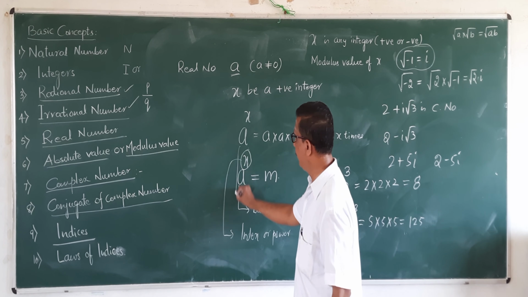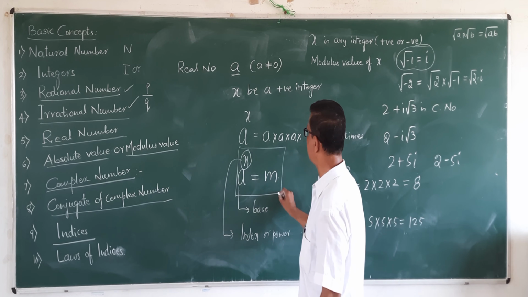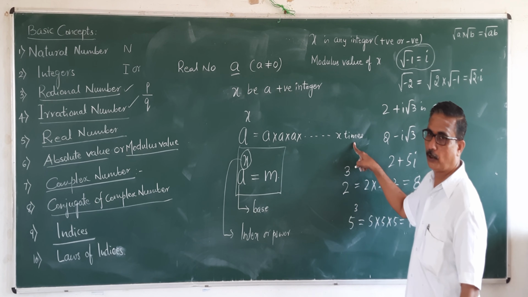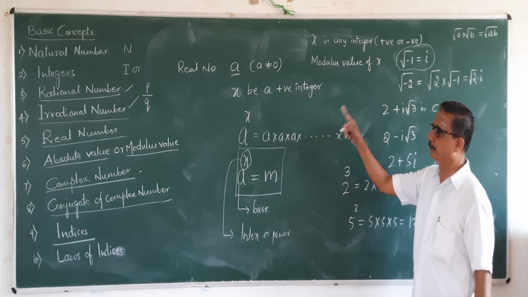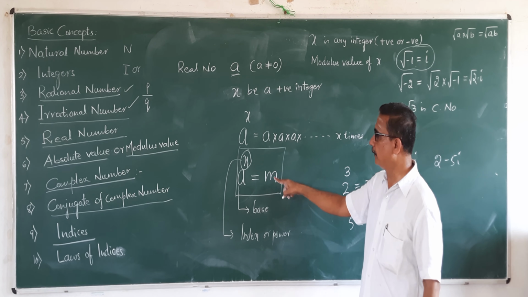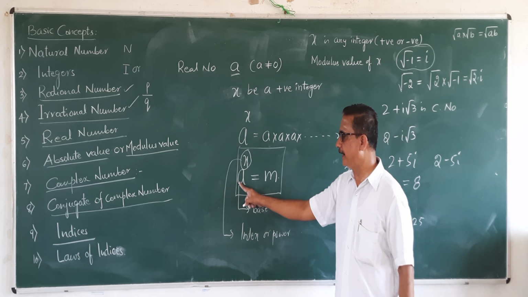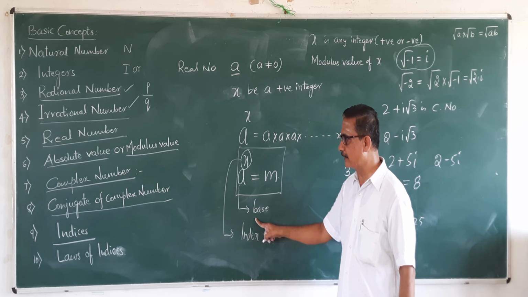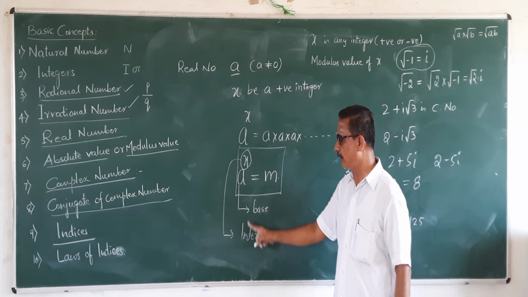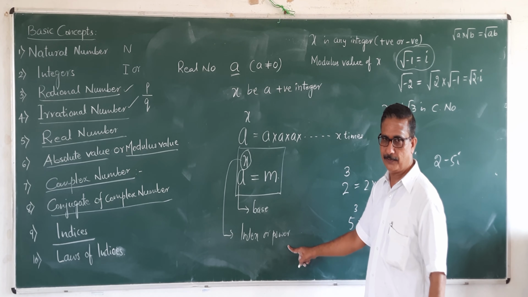So a power x is defined as a into a into a, up to x times. After multiplication its value, a power x, is equal to, say in general, m. Here a is called the base and x is called the index or power.